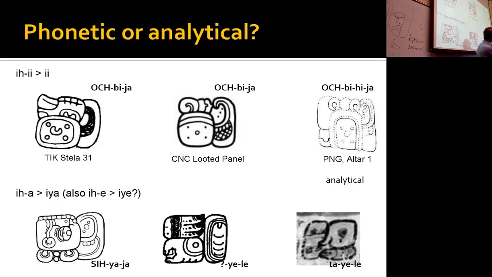Same goes with the burning logogram. The burning is tah, but when it's a participial form, like someone is burning, it's tayal or tayel. And same thing here, you can use the logogram with la, but some scribes decide to write it phonetically, tayal or tayel. And believe it or not, that was a huge problem for us because there seemed to be no connection between the logogram and some of the syllabic spellings.